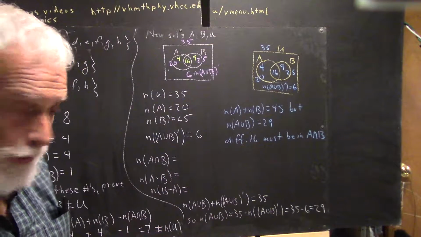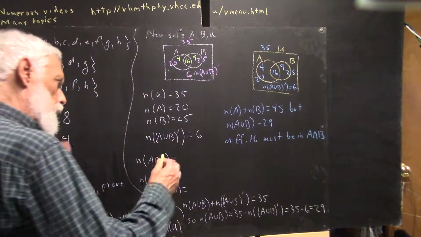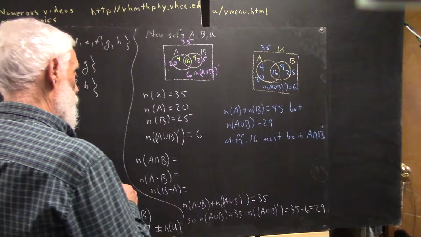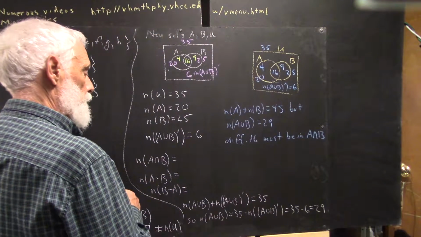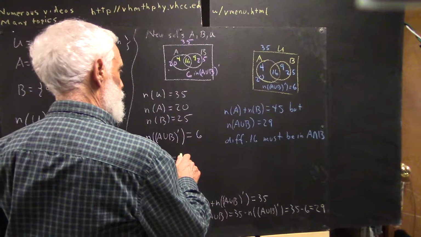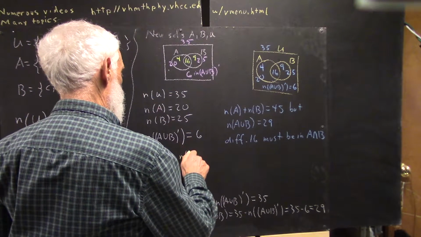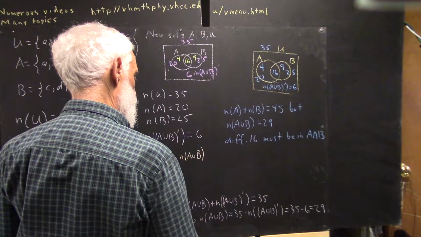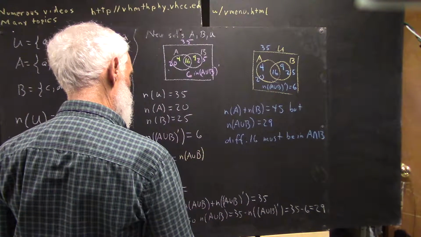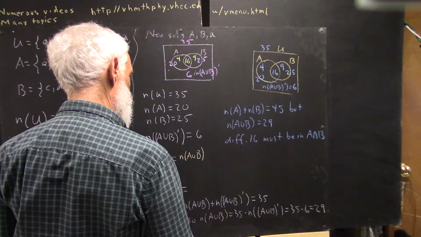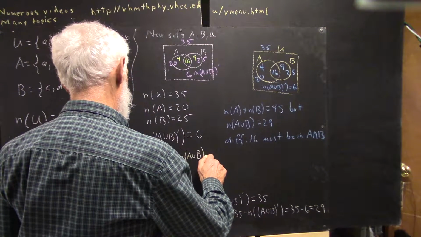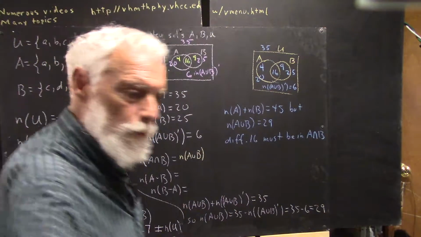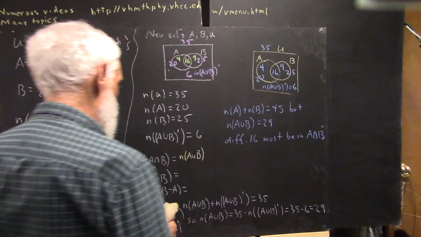So our conclusion, and I didn't get to write this down in class because time kind of took us, and we just filled in this picture here, but the number in A intersection B has to be what? It has to be the number in A union B, and I wrote that down before I engaged my brain.